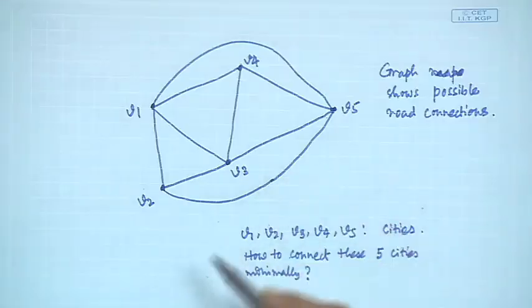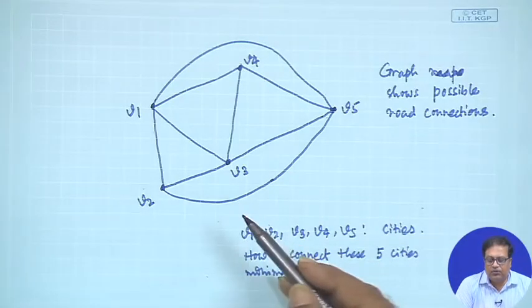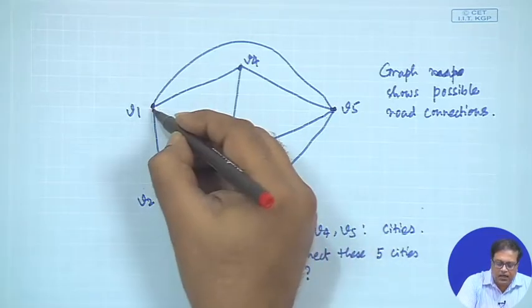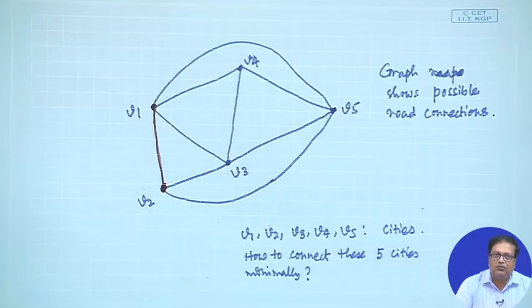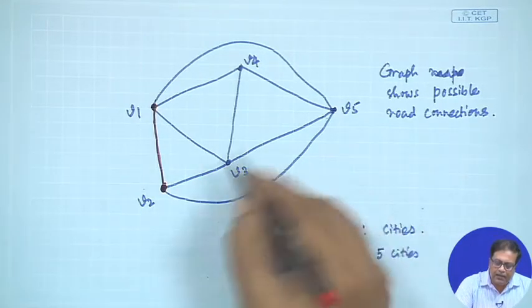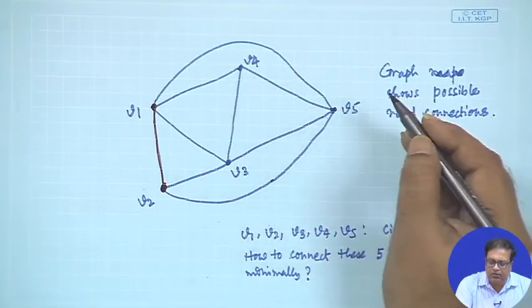So, that is a bigger question, but initially let us only look at what the possible minimal connections are. So, one such minimal connection would be to choose 4 roads. Which 4 roads should we choose? Let us start with, say, connecting V1 to V2. So, this could be one road. Then maybe another 3 roads we have to choose.